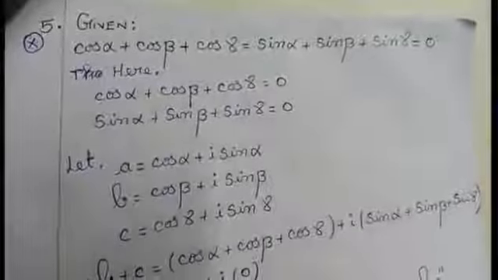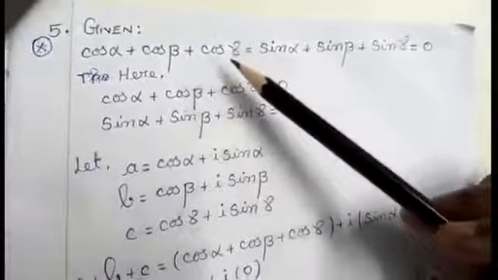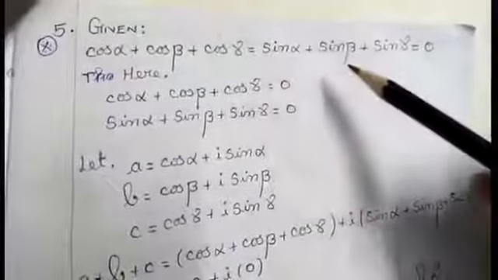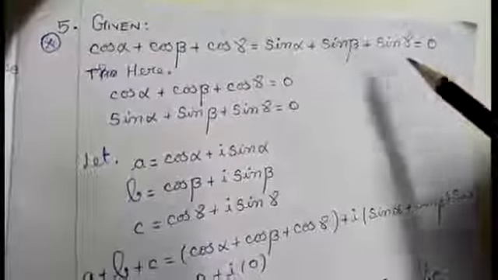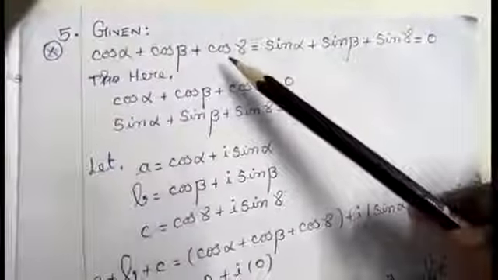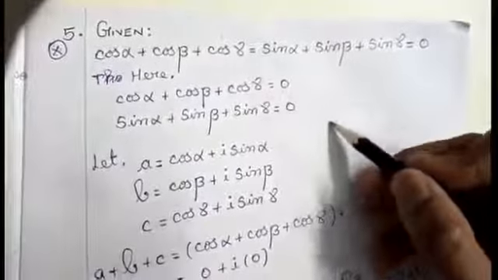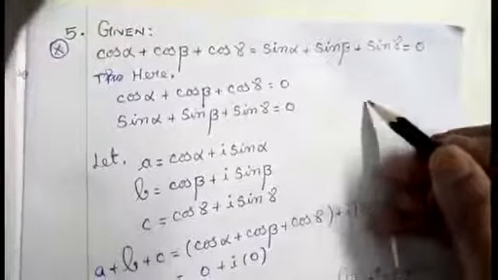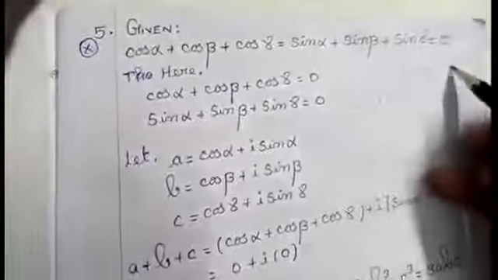Exercise 2.7, fifth sum. Cos alpha plus cos beta plus cos gamma equal to sin alpha plus sin beta plus sin gamma equal to 0 is the given condition. Here cos represents the real part and sin represents the imaginary part, since in complex numbers we can write z equal to cos theta plus i sin theta.